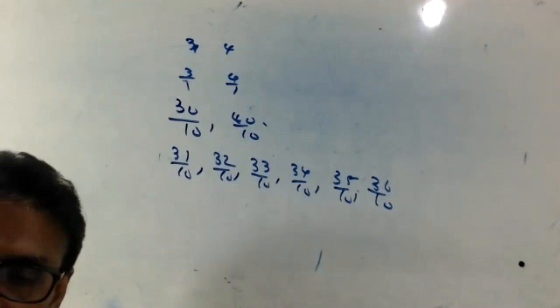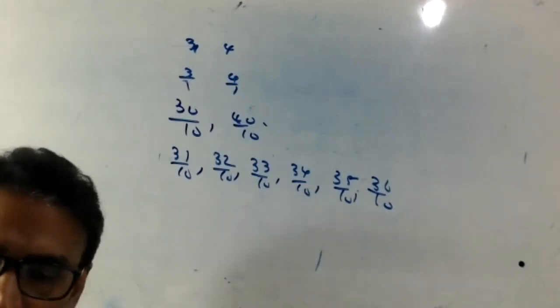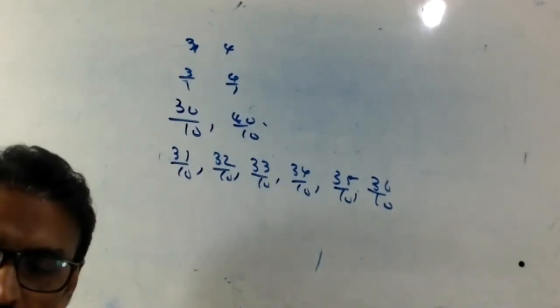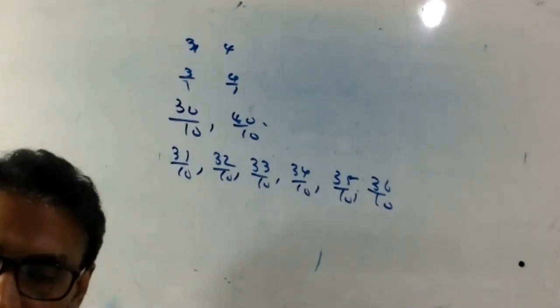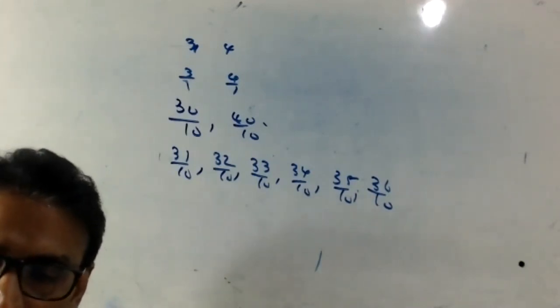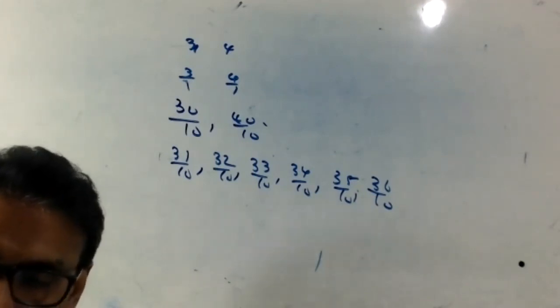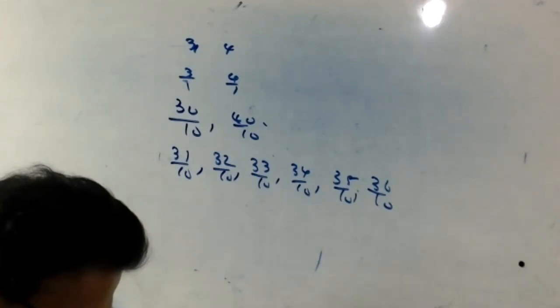You try it yourself. Check it, like take 2 by 3, you divide it, 2 divided by 3, 4 divided by 7, or 11 by 7, you divide it like that. That's an easy one.